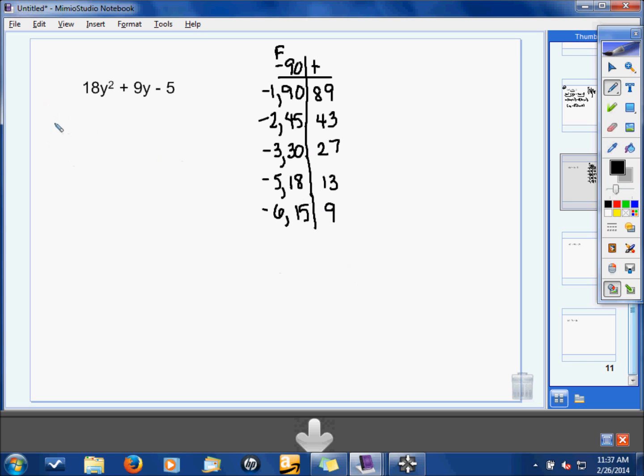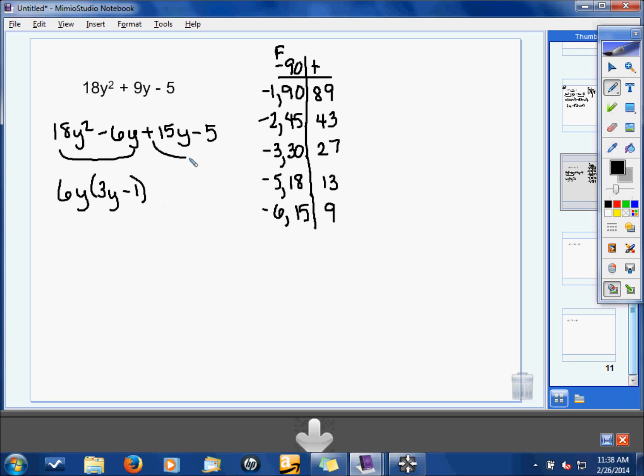All right, so 18y squared minus 6y plus 15y minus 5. Sometimes it takes a while to get there. And then what is in common for the first two terms? 6y. 6y times what is 18y squared? 3y. 6y times what is negative 6y? 1.